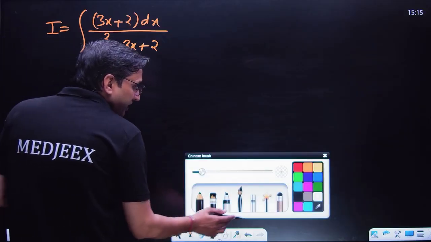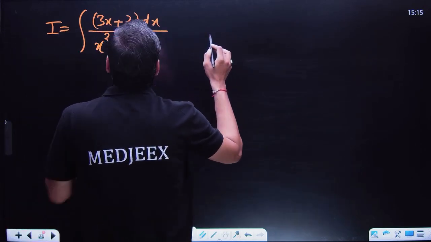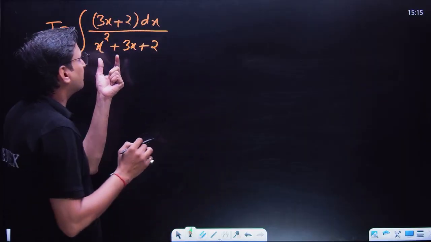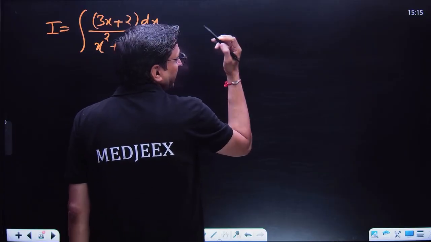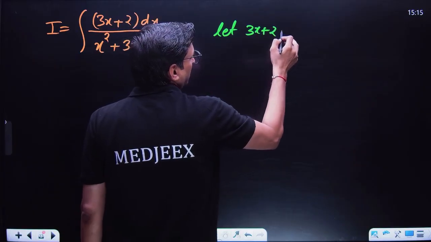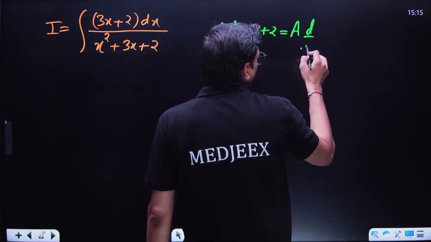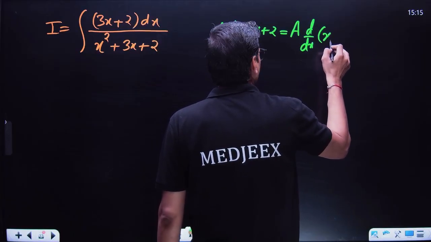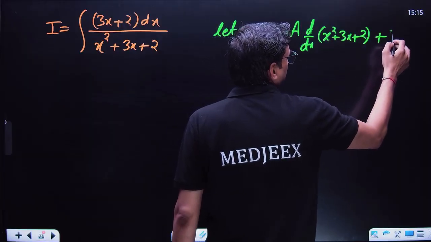What I have to do? I have to write the numerator as a differentiation of this particular denominator. Let 3x + 2 be written in the format a times d/dx of (x² + 3x + 2) plus b.